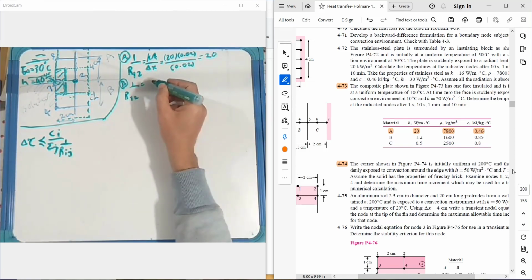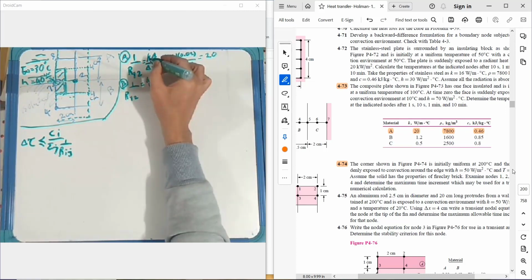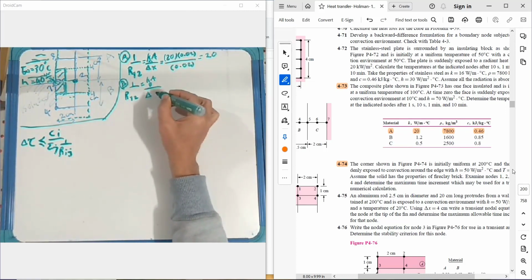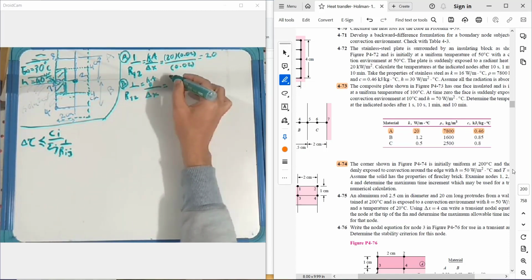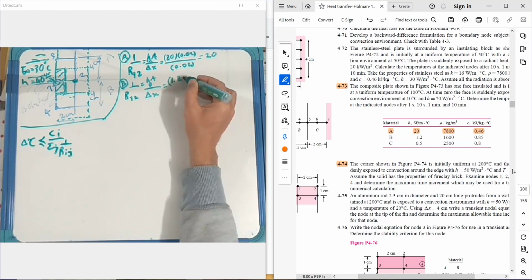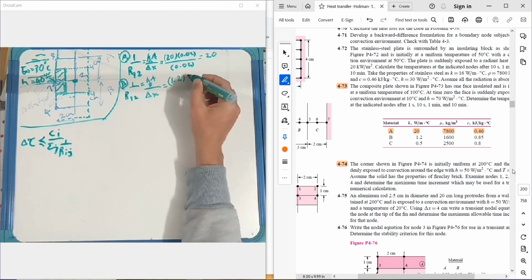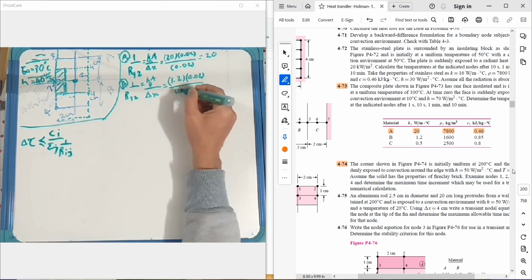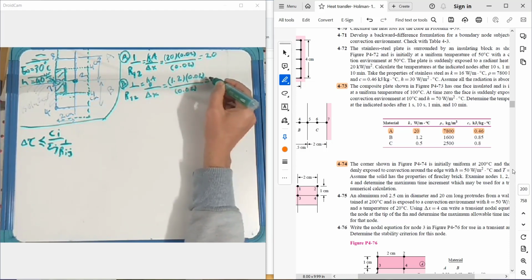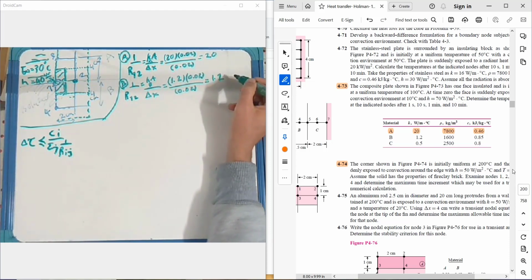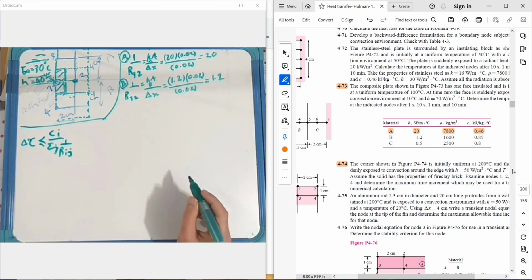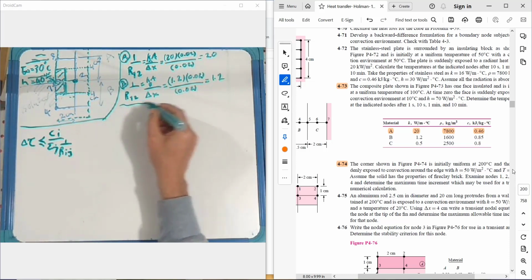The answer would be 20. And we should write it exactly the same for B: k here is 1.2, A is equal to the previous one, and delta x is equal to the previous one too. The answer will be 1.2. This is for points 1 to 2.